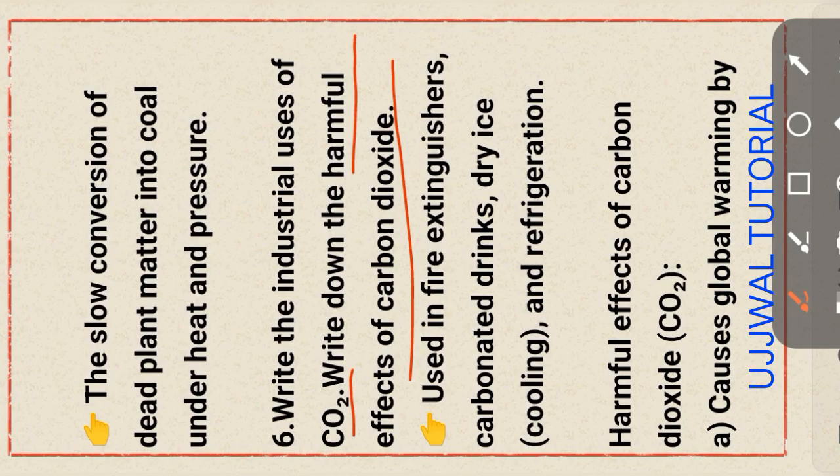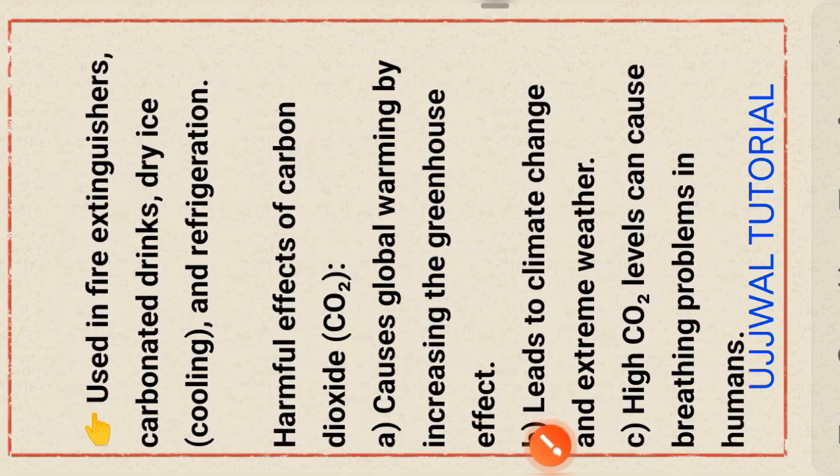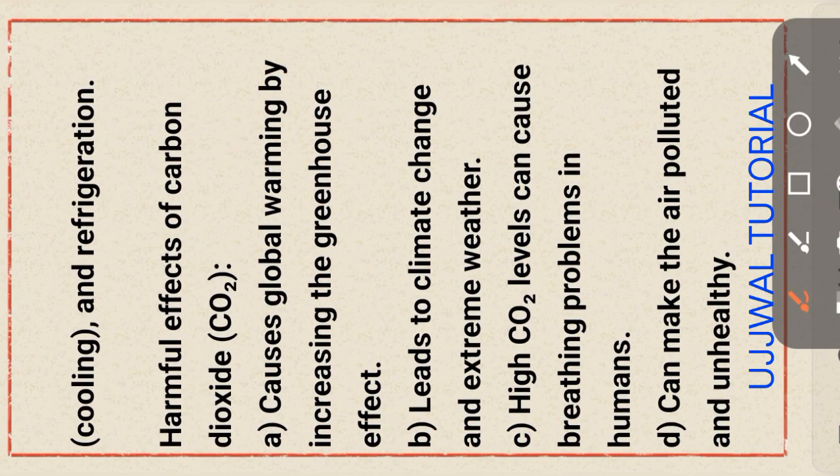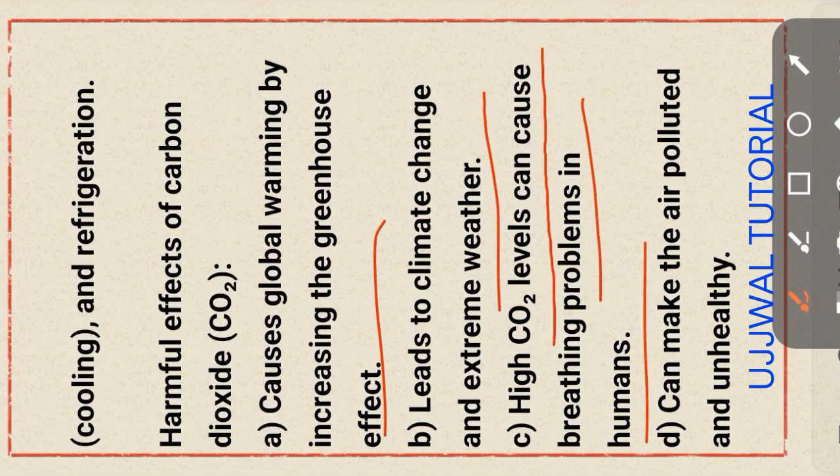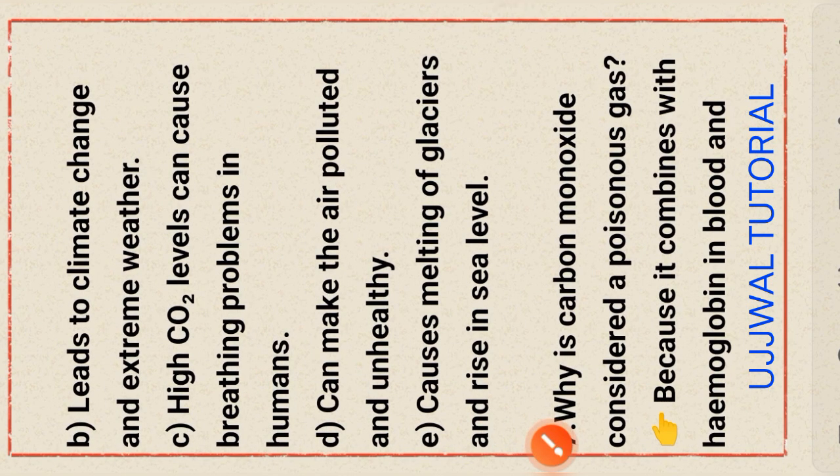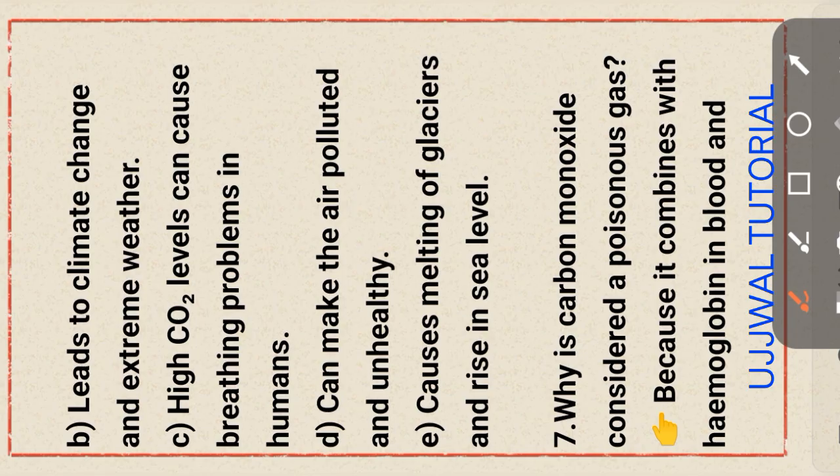It causes global warming by increasing the greenhouse effect. Number 2, it leads to climate change and extreme weather. High carbon dioxide levels can cause breathing problems in humans, and can make the air polluted and unhealthy. It also causes melting of glaciers and rise in sea level.